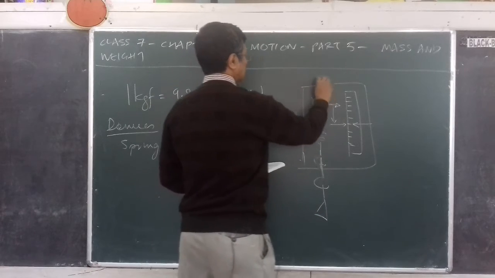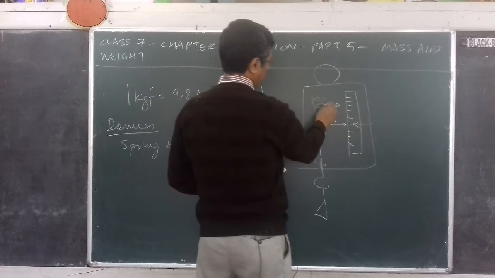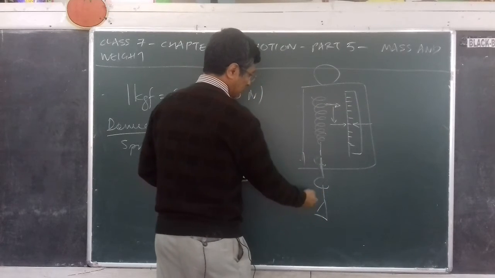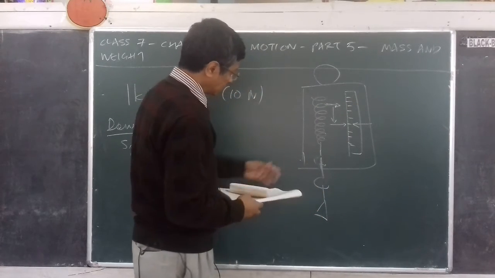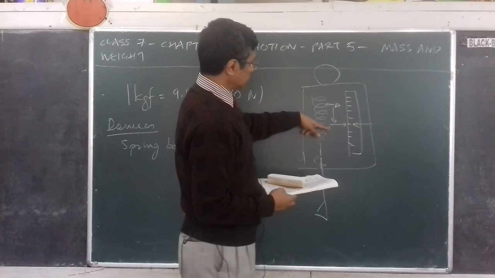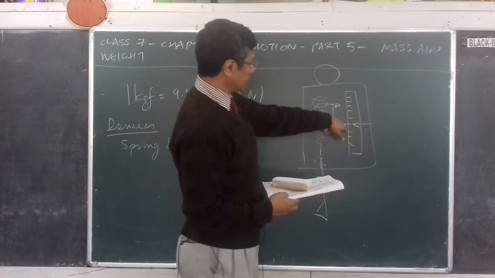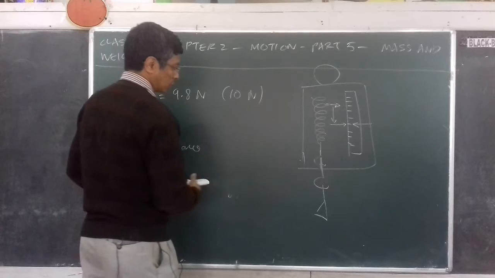So the spring balance has a ring on top for holding, a spring inside, a pointer, a scale, and a hook at the bottom where you can attach the weight. As you attach the weight, the spring stretches, causing the pointer to move down, and the pointer points on the scale, from which you can get a direct reading of the weight of the object.